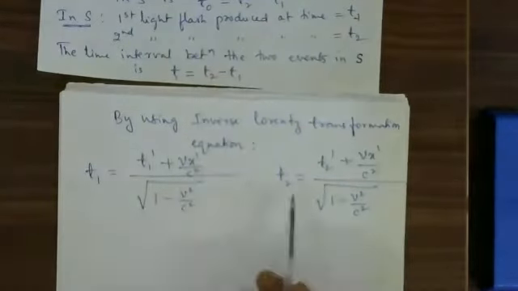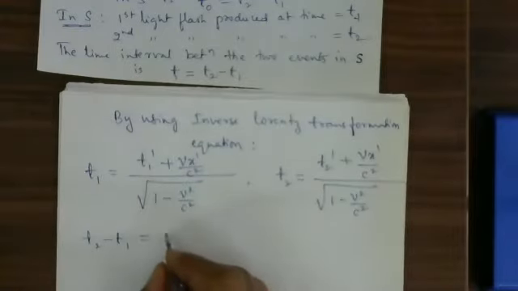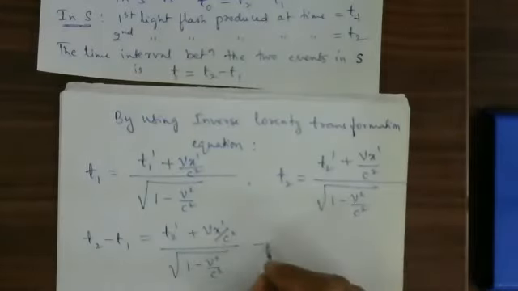Therefore, T2 minus T1 is equal to T2 dash plus Vx dash divided by C square, whole divided by square root of 1 minus V square divided by C square, minus T1 dash plus Vx dash divided by C square, divided by square root of 1 minus V square divided by C square.